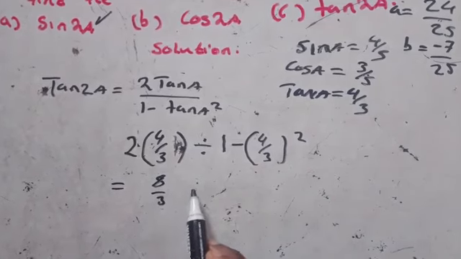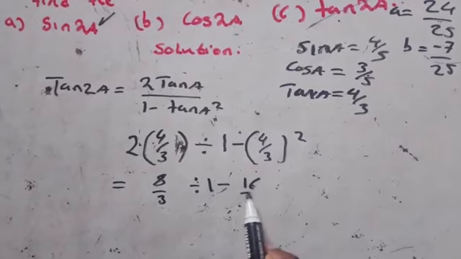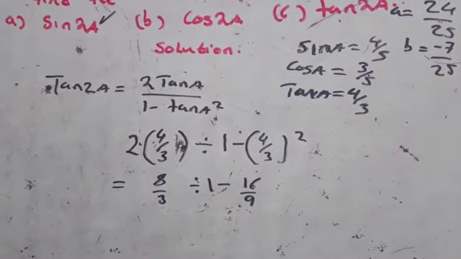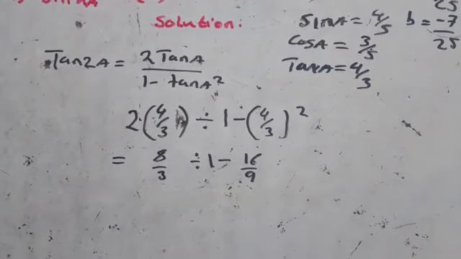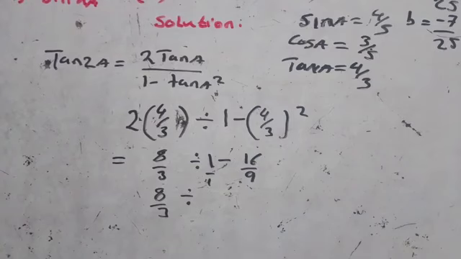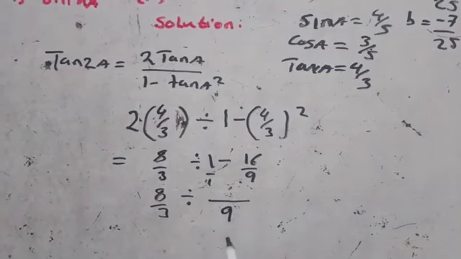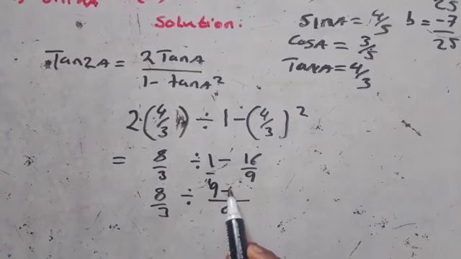Divided by 1 minus 16 over 9. Then here we find the common denominator, the number which this and this can go into without leaving any remainder. So this number is 9. 1 into 9 is 9, 9 multiplied by 1 is 9, minus 9 into this is 1, 1 multiplied by 16 is 16.